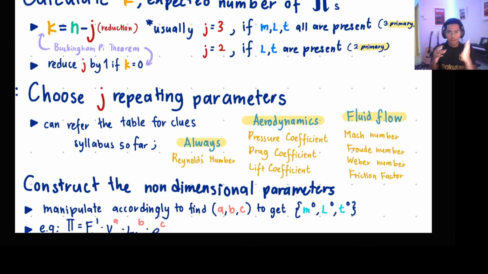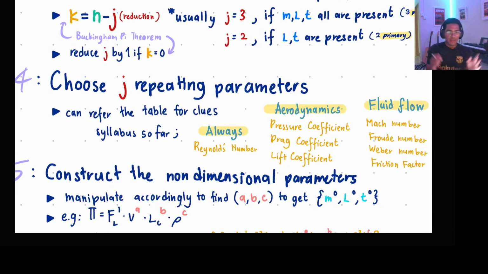So there should be 3 repeating parameters. If the j is equal to 2, there will be only 2 repeating parameters. So how we choose the parameters is that you go look at your textbook. Page berapa ni?